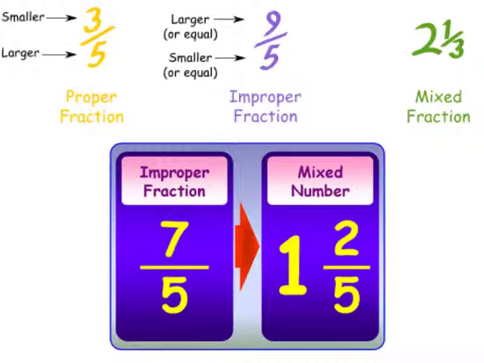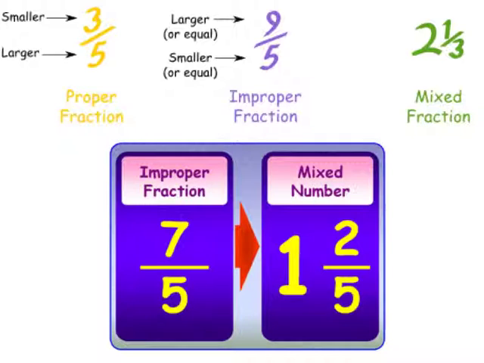I've got an illustration here to help you see and remember the difference. A proper fraction has the smaller number on top, larger on the bottom. An improper fraction has the larger number on the top in the numerator and the smaller on the bottom in the denominator.